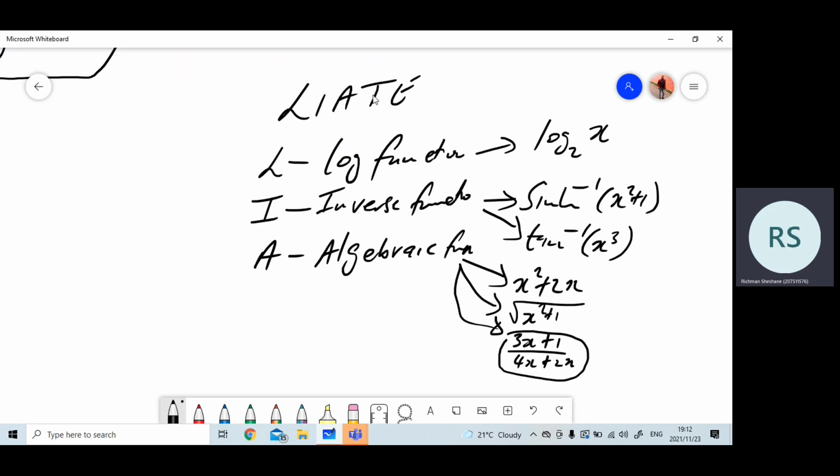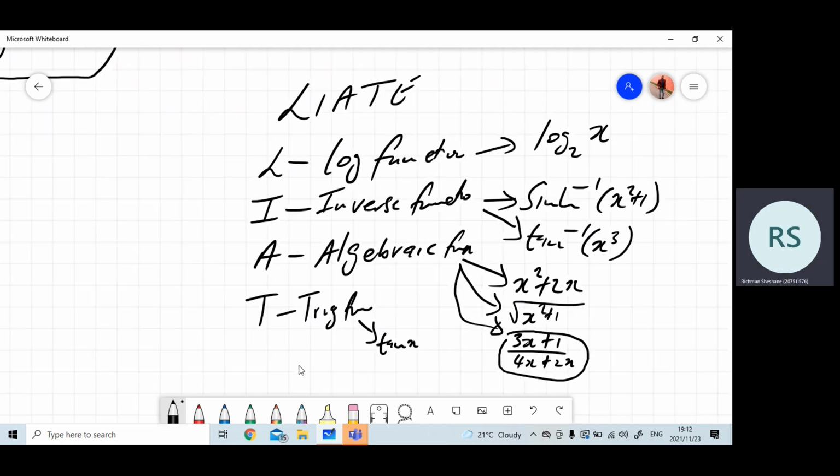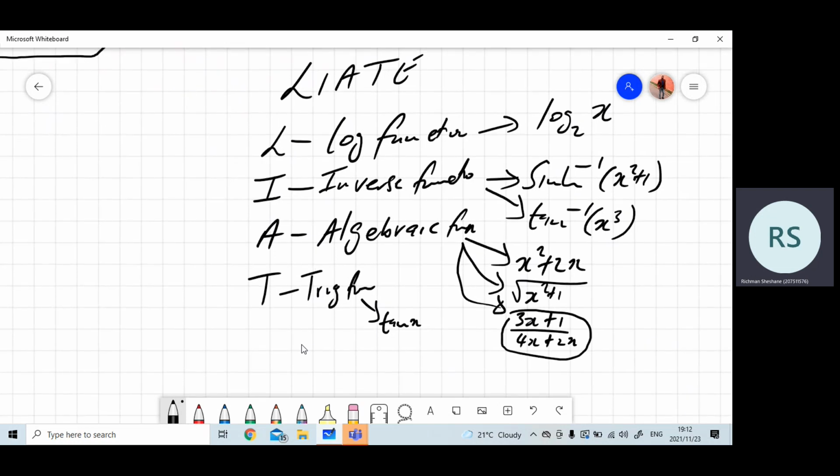And then the next letter is T. T stands for trig functions. It can be sine of x, cos of x, all the trig functions that you know. And I guess now you know the last letter.